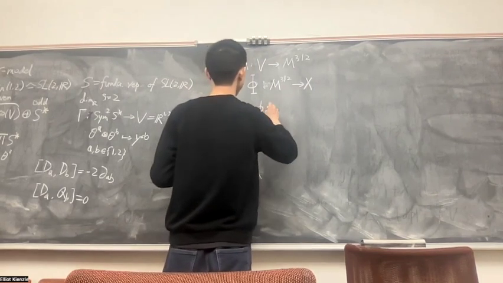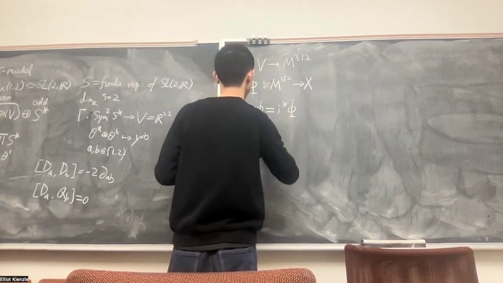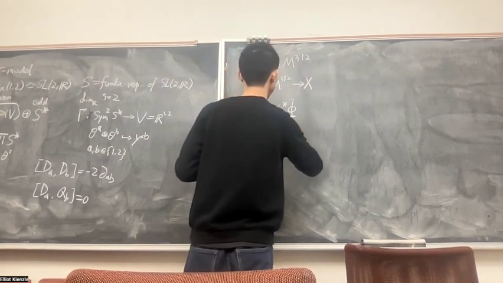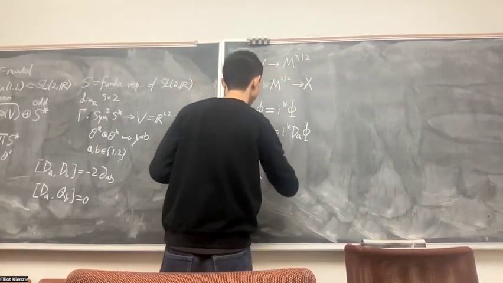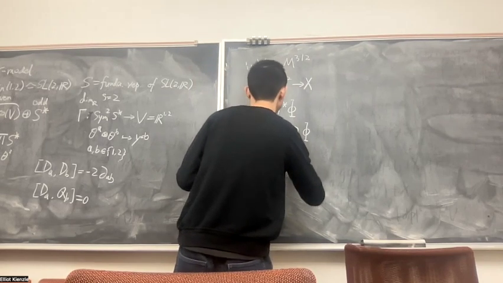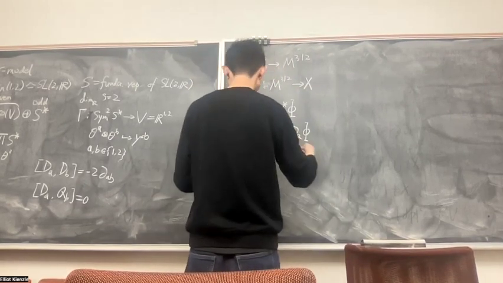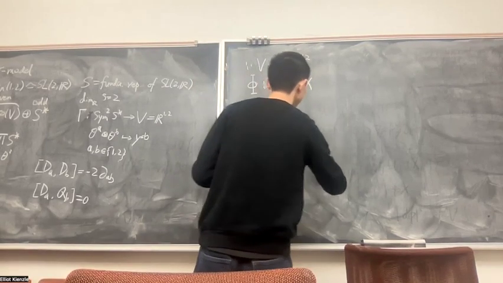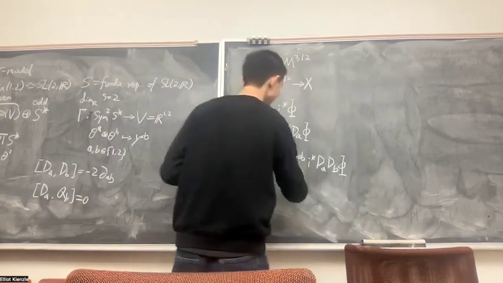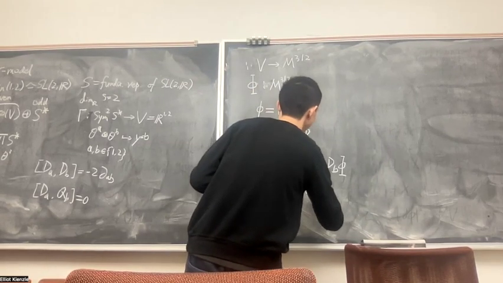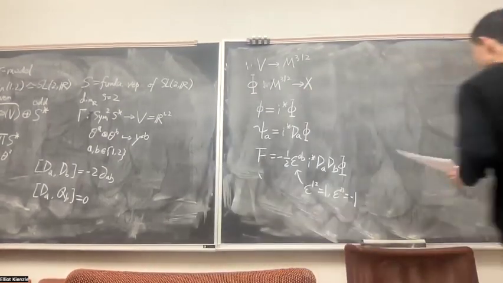So we define φ, which is i*Φ, and ψ, which is i* of D Φ, and also F, which is going to have two derivatives, but you also want it to be somewhat symmetric, so the two derivatives will be contracted by a sign here. This is either 1 or -1 or 0.